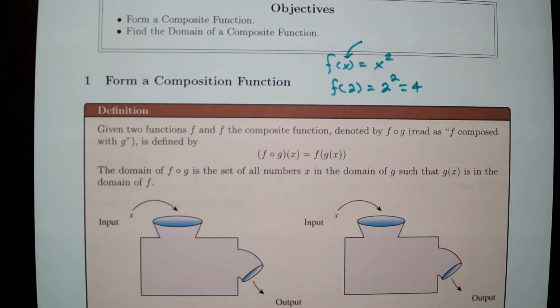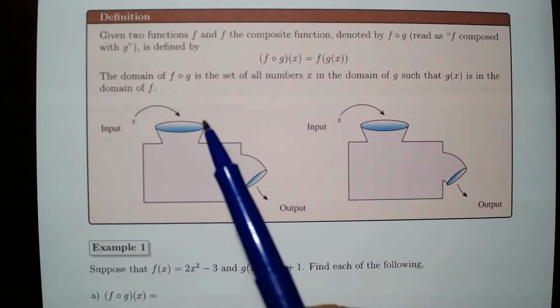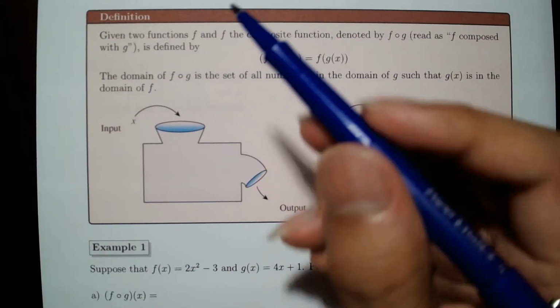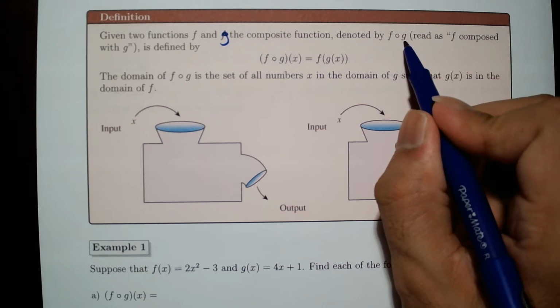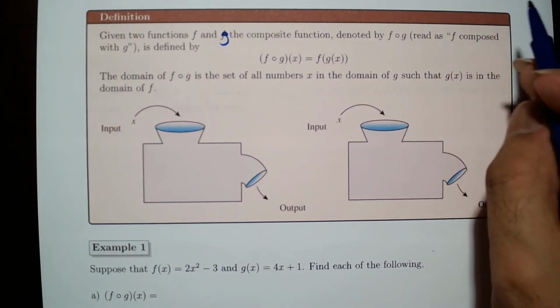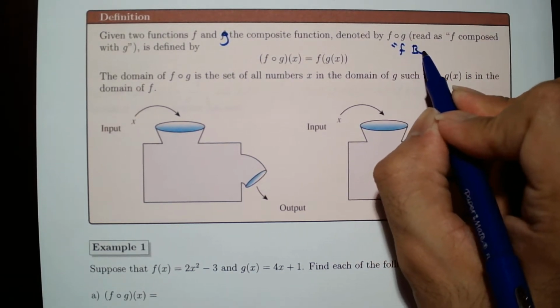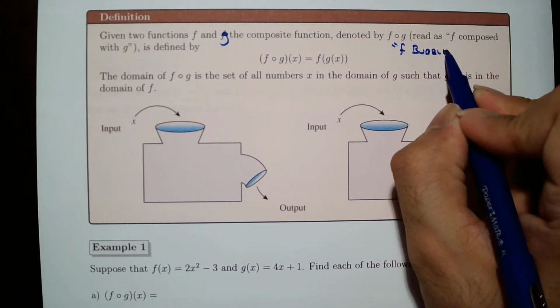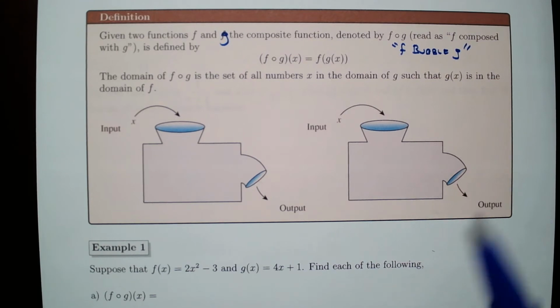So first of all, let me give you the formal definition and then a short picture. Given the functions f and g, the composite function denoted f circle g, which we read f composed with g, or sometimes f bubble g, is defined as follows.